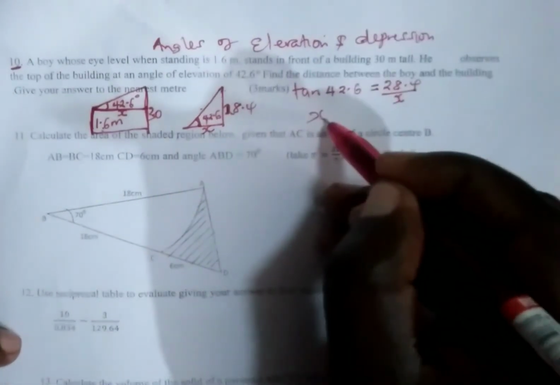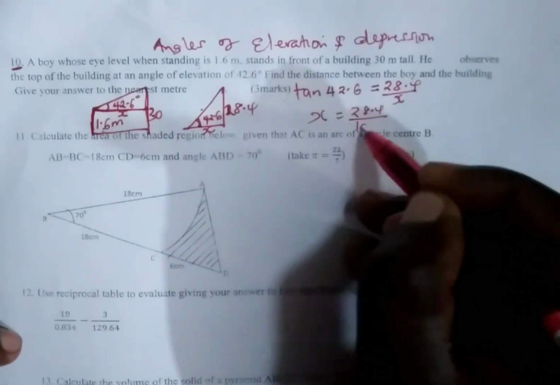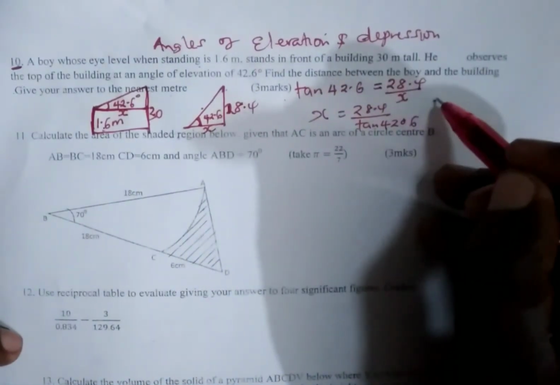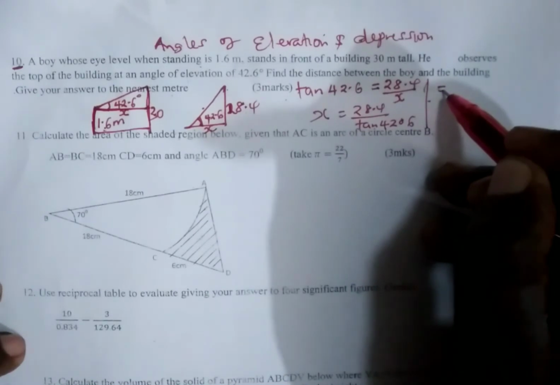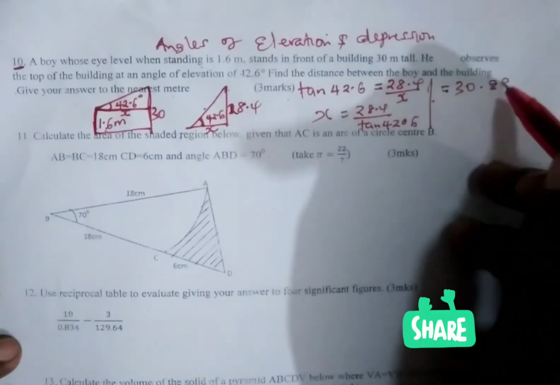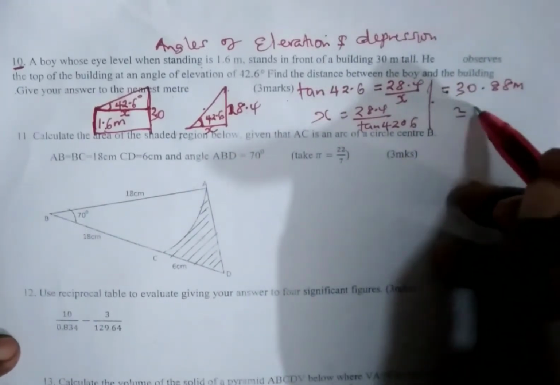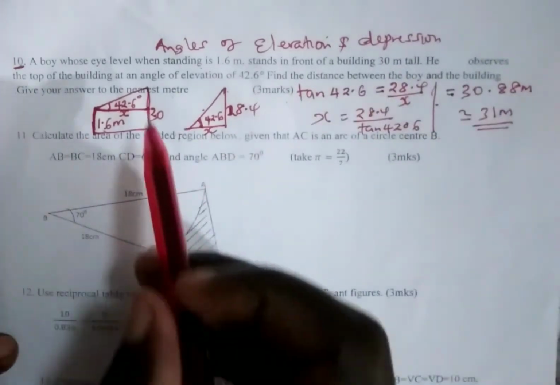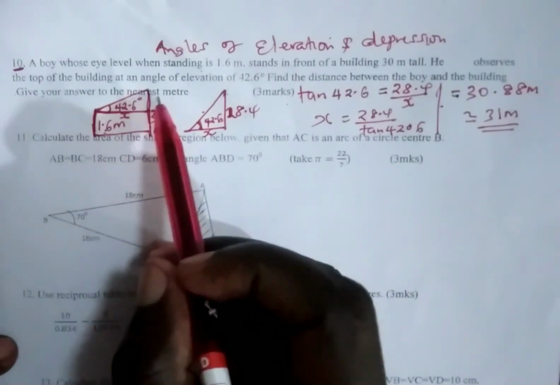And for us to get x, we take 28.4 divided by tan 42.6, which is going to give us 30.88 meters, which is approximately 31 meters to the nearest meter as directed by the question.